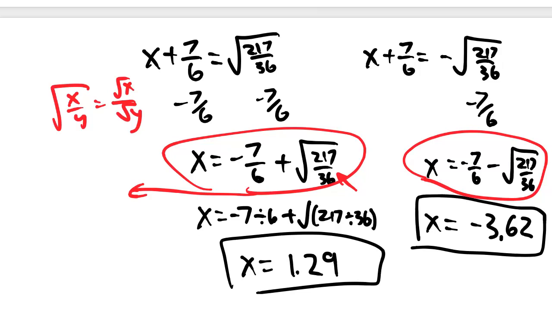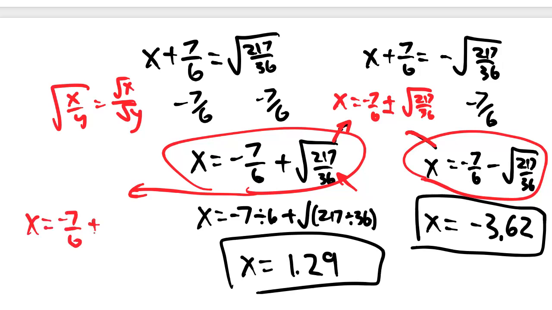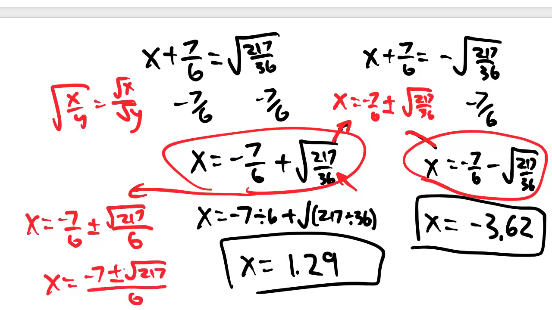If I wanted a fully simplified answer, because of my cool math notation, I could call it plus or minus the root of 217 over 36, which I'm writing over here as x equals negative 7/6 plus or minus the root of 217 over 6, because the square root of 36 is 6. If you wanted to, you could even write it as a big mega fraction, plus or minus the root of 217, over 6, like a big, nice fraction there. Cool.